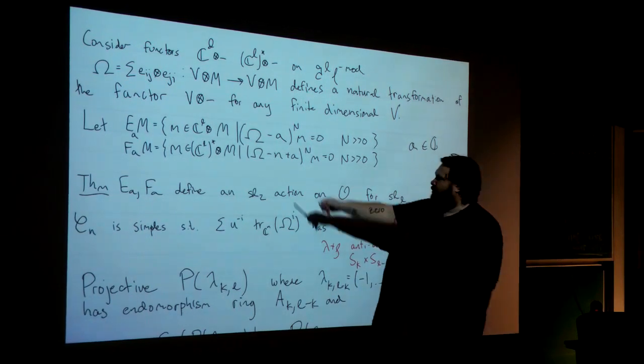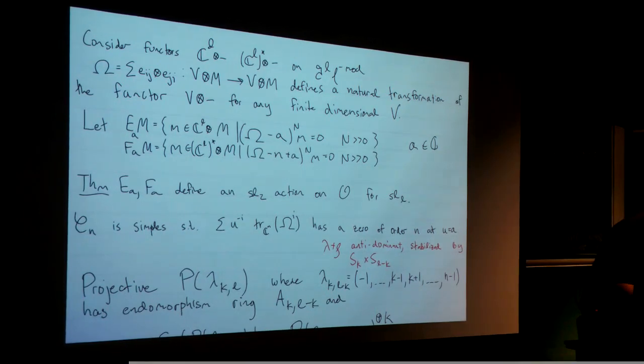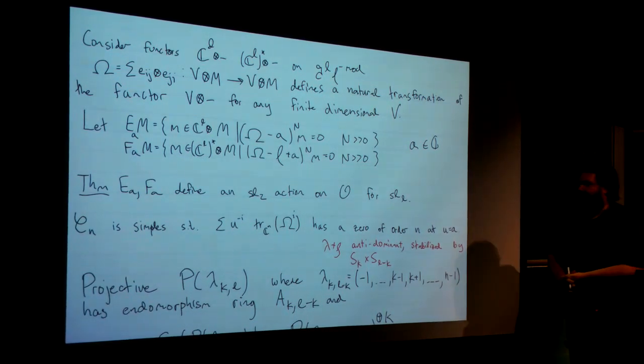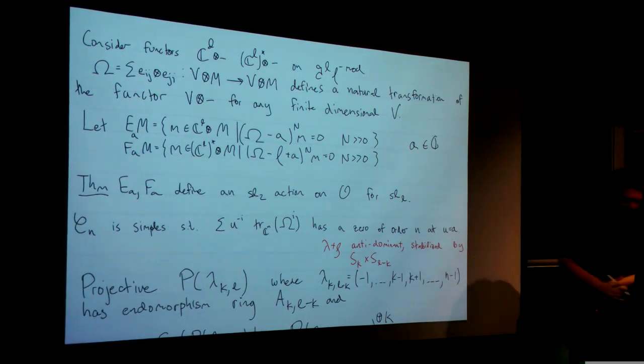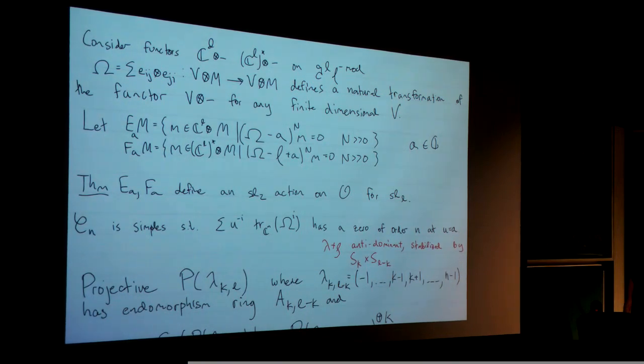And for funny numerical reasons, I want to look at the eigenspace for n minus a of this same Casimir acting on the tensor product with the dual of the natural representation. And it's a theorem, proven in Chuang-Rouquier, that these functors define an sl2 action on category O. Or more generally on any category of modules where the center acts locally finitely. So for example, anything that's finite.